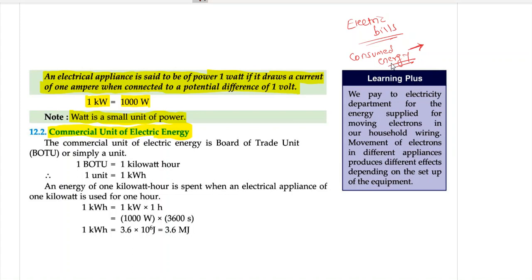So the electric supply department, which in Mumbai, Maharashtra is MSEB, Maharashtra State Electric Board, they send their people to check the meters which are kept in your meter room below your building. There is a meter room. It's a dark place.